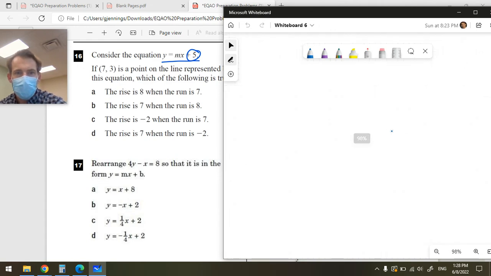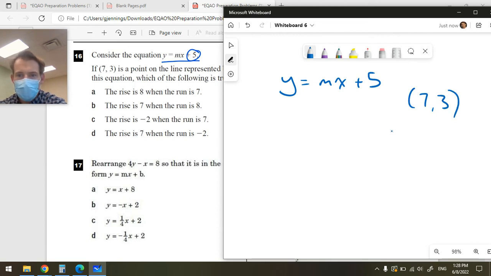All right. So what we would do is we start with y equals mx plus 5. Copy what you know. And then we know that the point (7, 3) is on that line. So substitute that in. 3 is y, so 3 equals m times 7 plus 5. In order to find m, we have to subtract 5 from both sides.